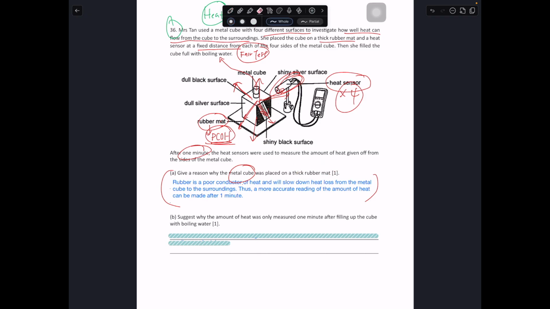So you can say something like this: it's a poor conductor of heat, slows down heat loss from the metal cube to the surroundings, so a more accurate reading of the amount of heat can be made after 1 minute through all the 4 sides.